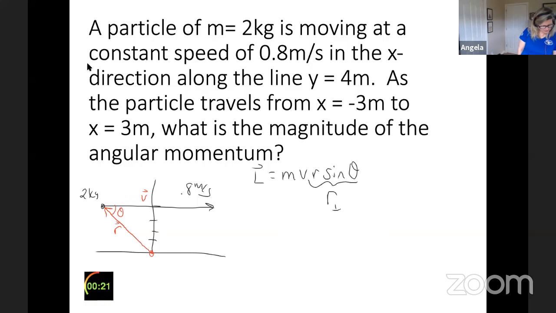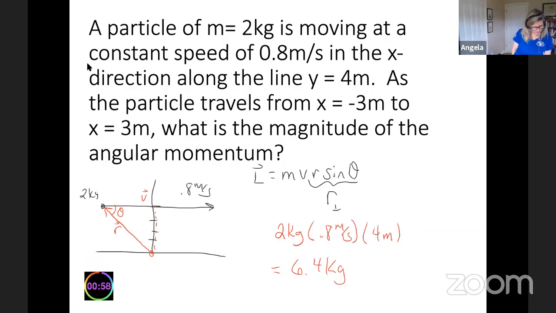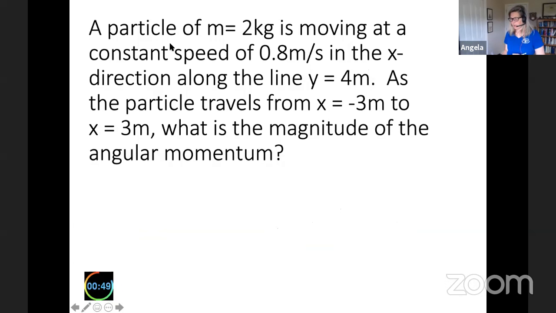So r sine theta is really the perpendicular distance from the origin to the velocity vector. We know that's 4. So mass 2 kilograms times velocity 0.8 meters per second times 4 meters gives 6.4 kilogram meter squared per second. So just because something isn't spinning, it still can have angular momentum.